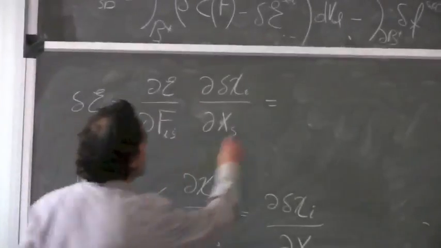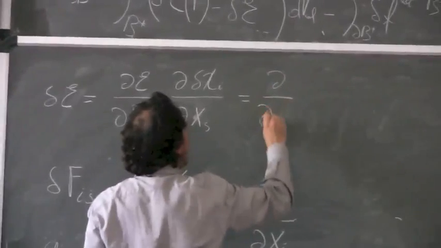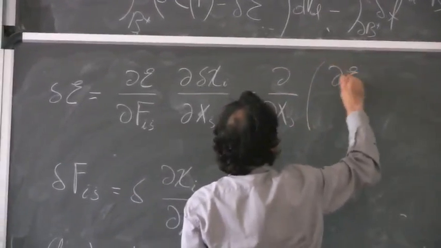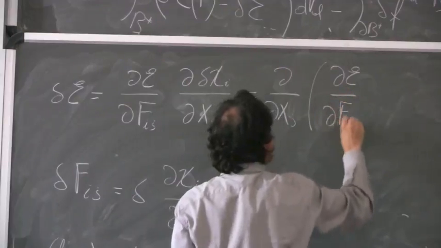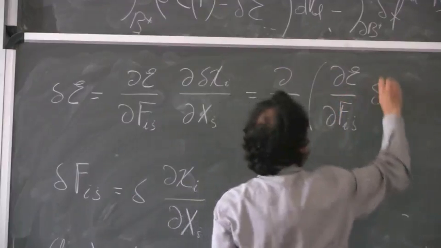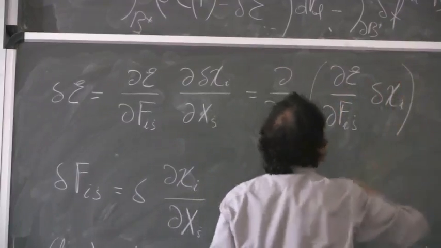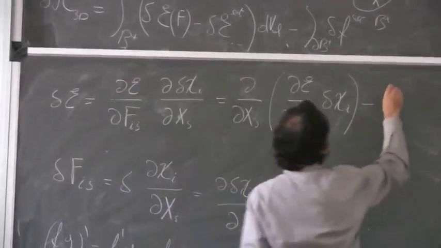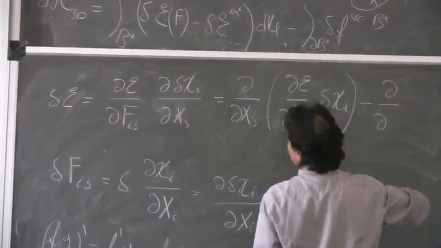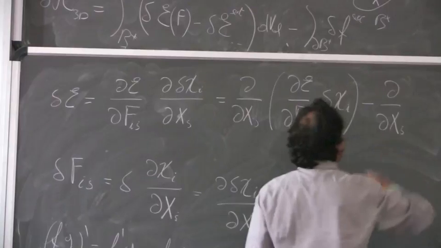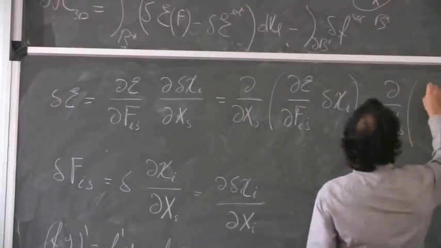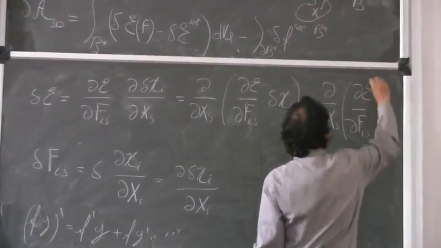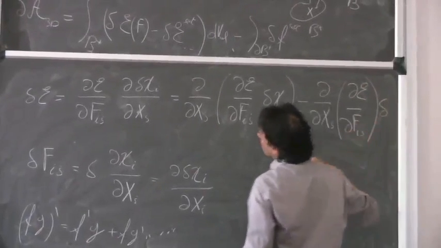So we can say that this is equal to the derivative with respect to Xj of both, minus the derivative of this part. Derivative with respect to Xj, delta here.